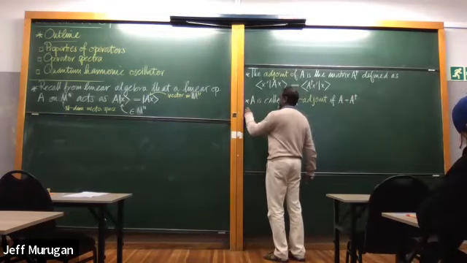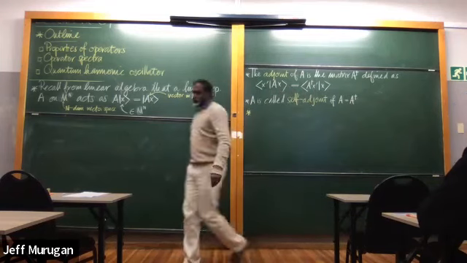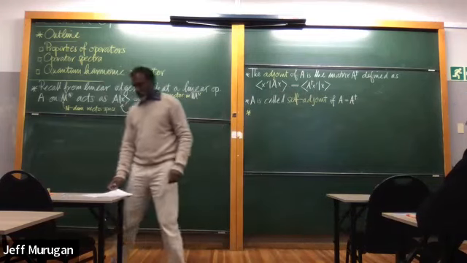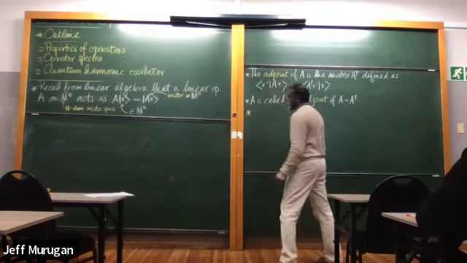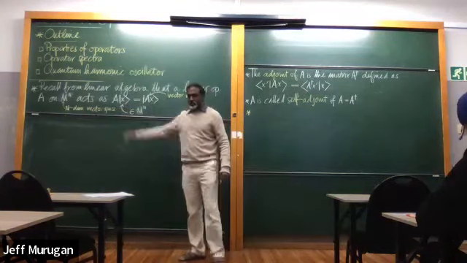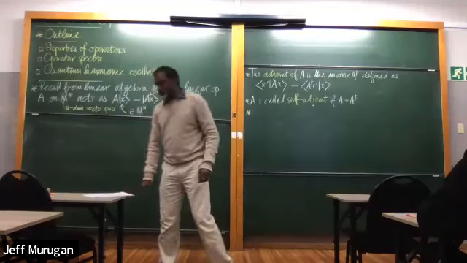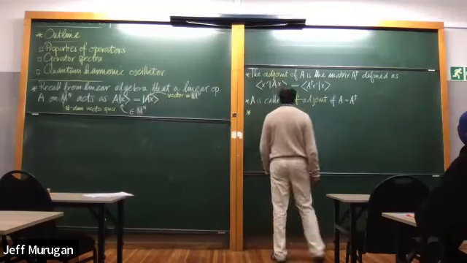Here's the statement I want to make. Any self-adjoint operator with respect to some inner product has a complete set of mutually orthogonal eigenfunctions.